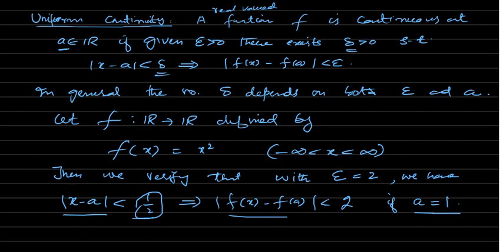So let's now first verify this star. We have mod of x minus a, that is mod of x minus 1, less than 1 by 2. What does this imply?